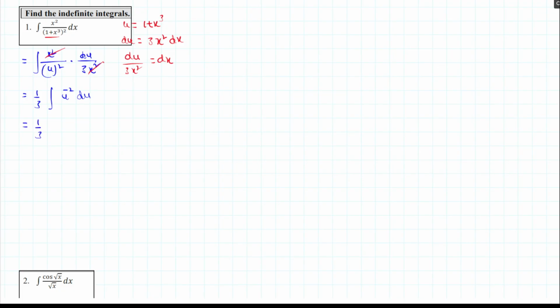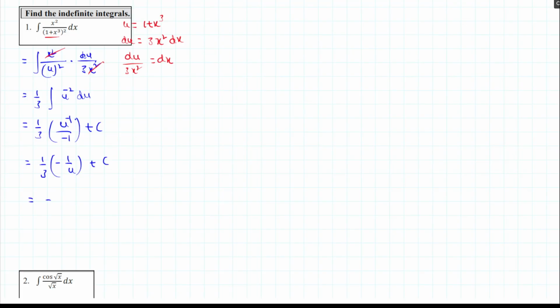So for u power negative 2, the integration is u power negative 2 plus 1 over negative 2 plus 1, that is u power negative 1 over negative 1 plus c, which is 1/3 times negative 1 over u plus c.